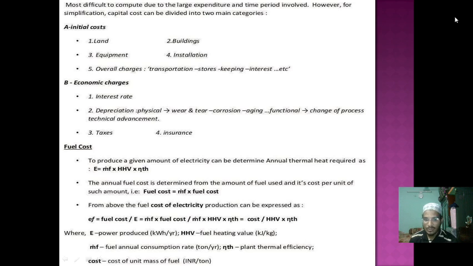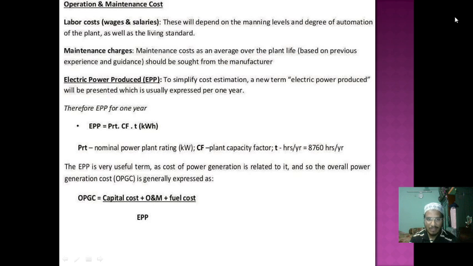And the cost of a unit mass of fuel is in INR per ton. INR is our Indian rupee standard. So per ton, how much cost there will be in Indian currency. E is the power produced, how much we are producing. HHV is the fuel heating value, in kilojoules per kg.